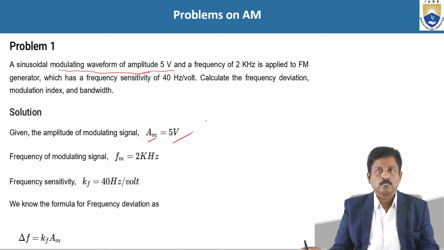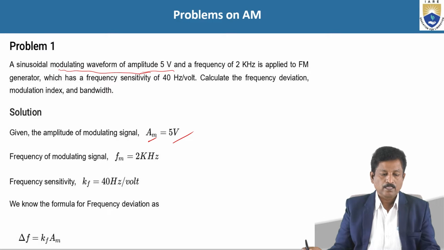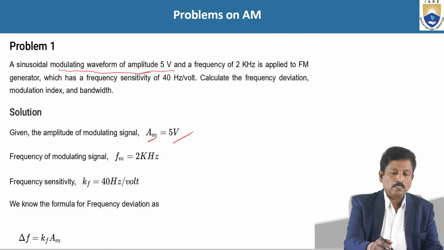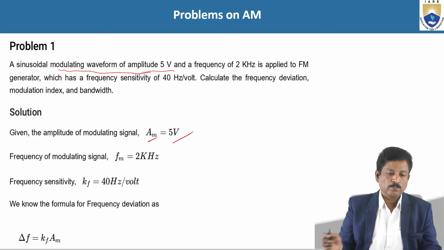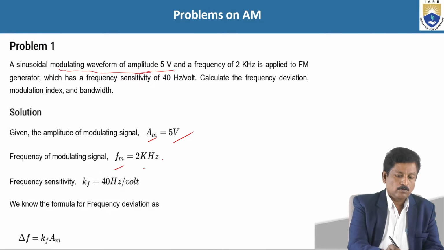Then the next one is the frequency of 2 kilohertz applied to the FM generator. So the frequency of the modulating signal is indicated by fm, and it is equal to 2 kilohertz.